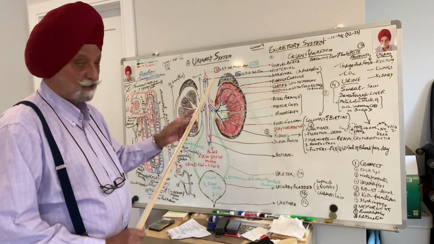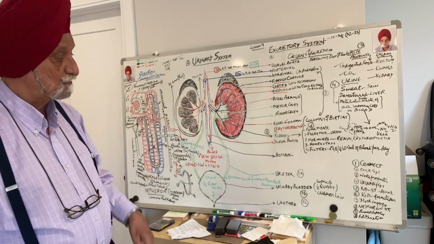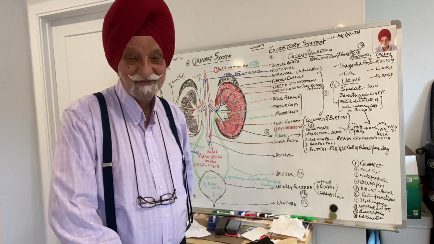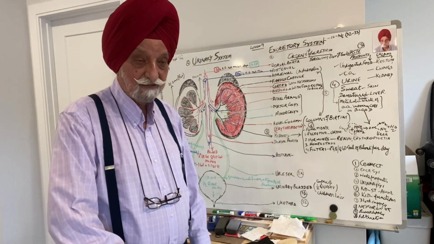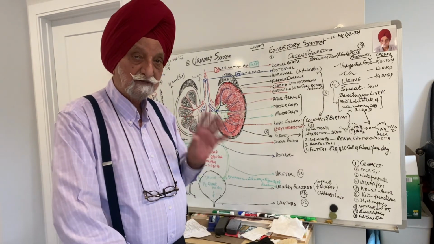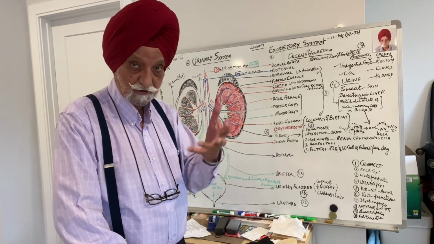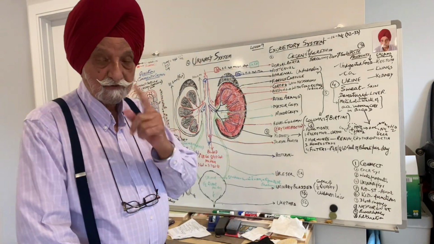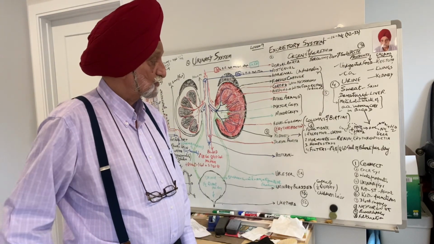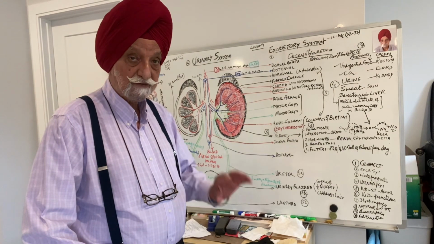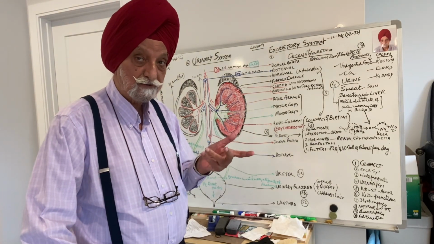Now, before I go ahead with the urinary system, I will try to explain how urine is produced. As I said, when the amino acids undergo metabolism, that is, they are used in our body, they produce one of the substances which is called ammonia. Now, in all the cells of the body, ammonia is produced.